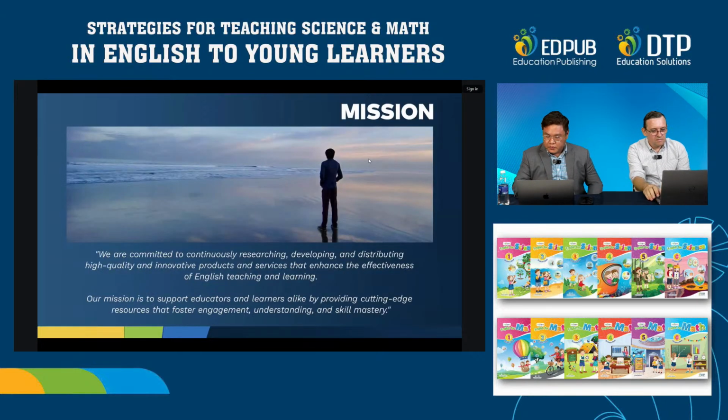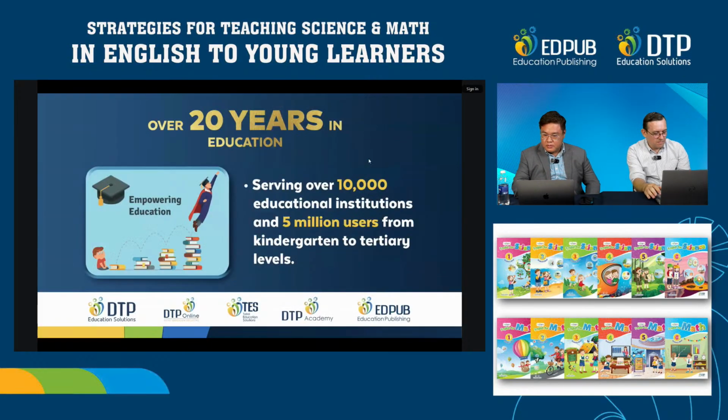In order to do so, we are committed to continually research, develop, and distribute high quality and innovative products and services that enhance the effectiveness of English teaching and learning. We believe that our experience in education over 20 years, serving over 10,000 educational institutions, and learning from each other, makes us capable enough to support and help teachers and educators.